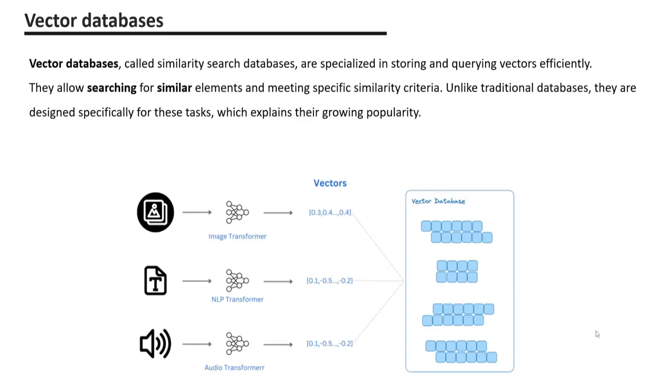It is also noteworthy that vectors are not only derived from processed text, but any unstructured data, such as images, audios, or videos, can be transformed into vectors through various transformers. Subsequently, these vector databases can be used to search for, for instance, images similar to each other or audio similar to each other.